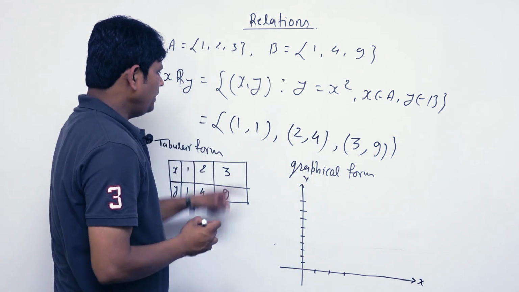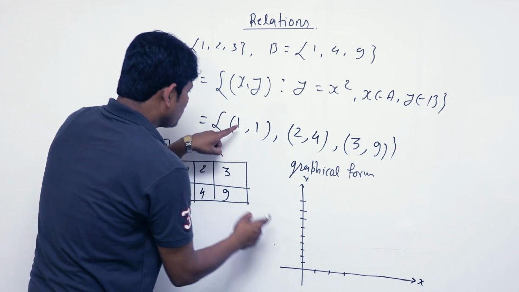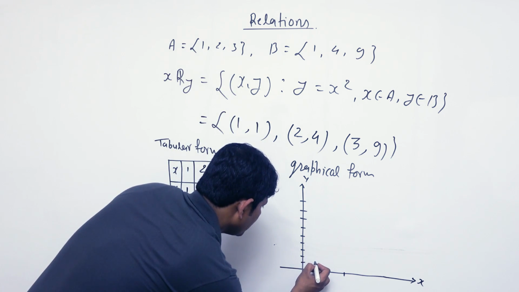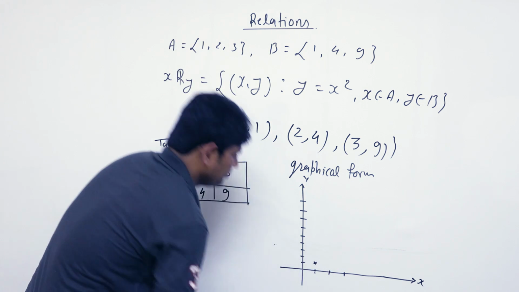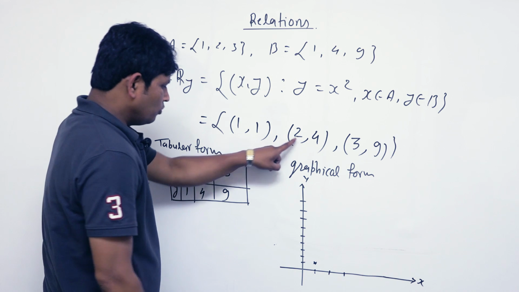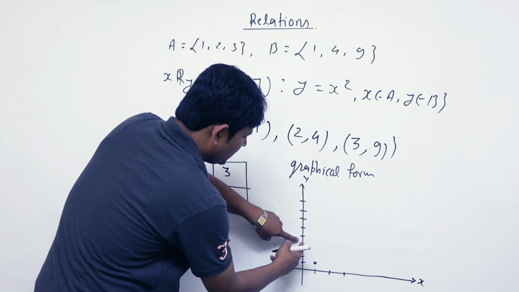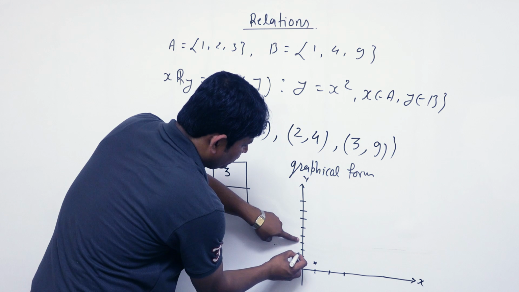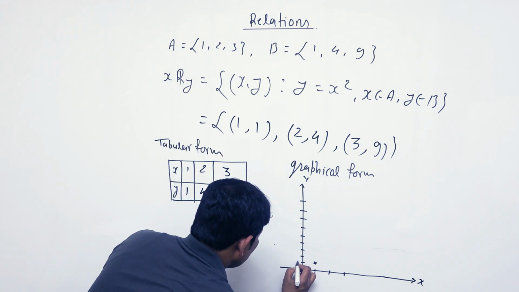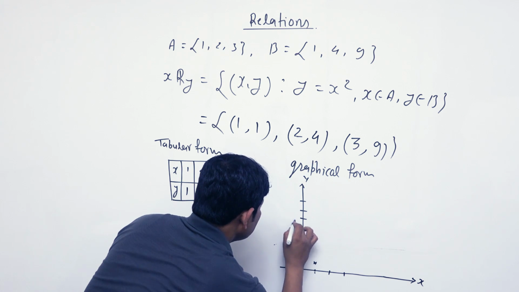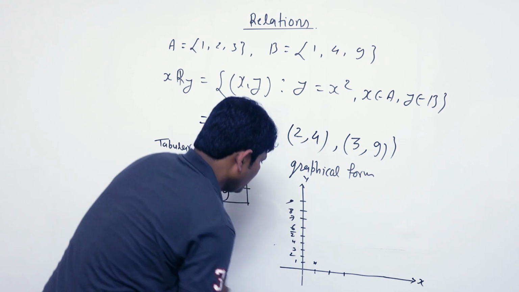If I plot 1, the x coordinate is 1. So what will be the y coordinate? 1. So one point is here. Another is 2. So what is the other value? 4. This is 1, this is 2, 3, 4. I will write 1, 2, 3, 4, 5, 6, 7, 8, 9.